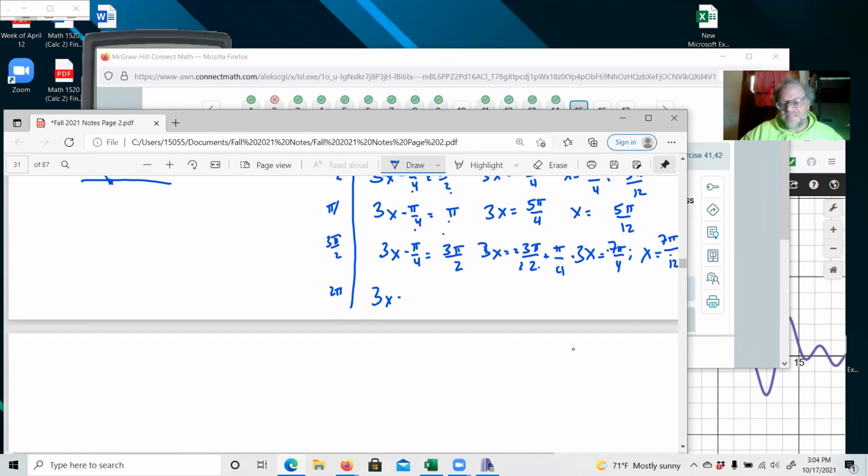So we have 3x minus pi over 4 is equal to 2 pi. We have 3x is equal to 2 pi, so $2, 8/4, plus 1/4. So we get 3x is equal to 8/4 plus 1/4, 9/4. And then we'll divide by 3 here, so we get x equals 9 pi over 12.